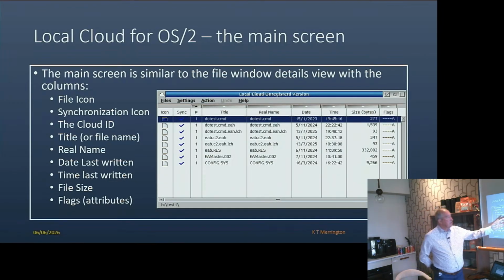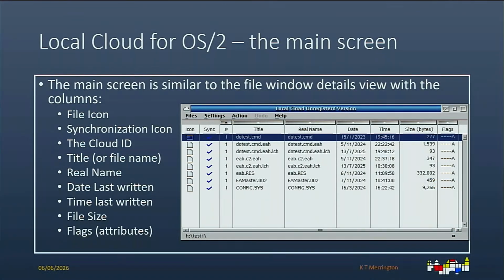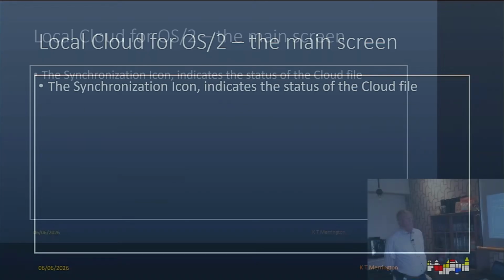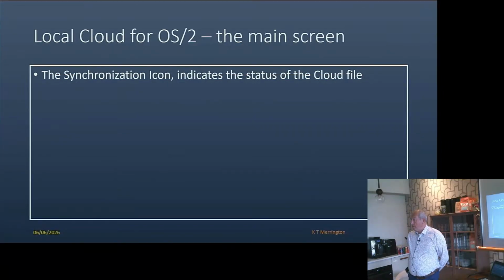Unfortunately, you can't see this too well, but this is then what I've said here. You see the synchronization status. So in this case, all those files have been synchronized. Obviously, there are situations when they haven't been synchronized.